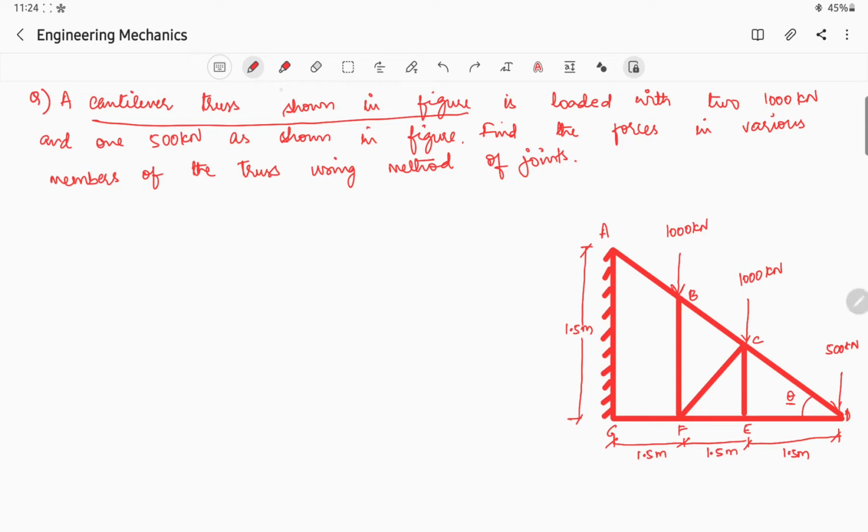So we'll draw that. These two lines are perpendicular to each other.